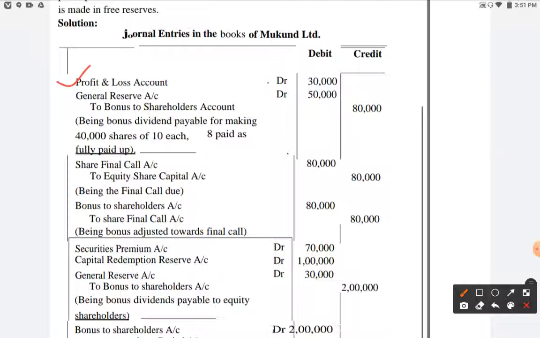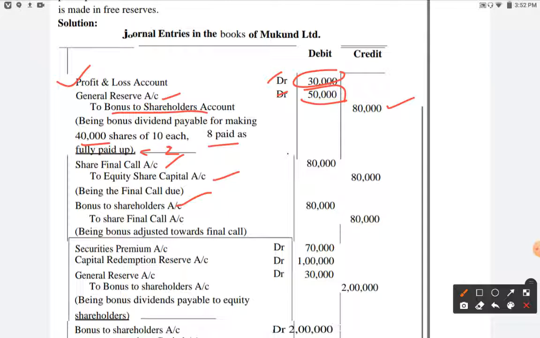P&L account debit, general reserve account debit to bonus to shareholders account for converting partly paid up shares into fully paid up. So 40,000 into 2 rupees, 80,000. From P&L account he has taken 30,000. From general reserve, free reserve, 50,000 less. And share final call account debit to share capital account.